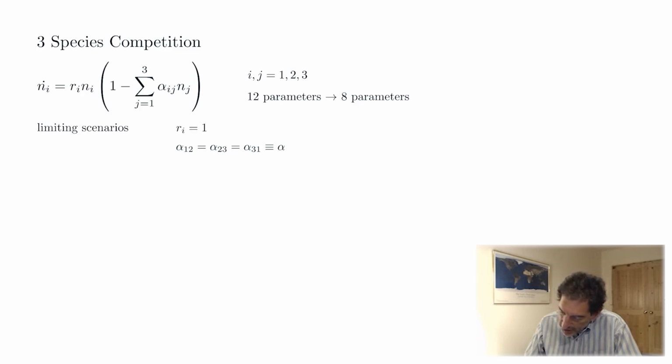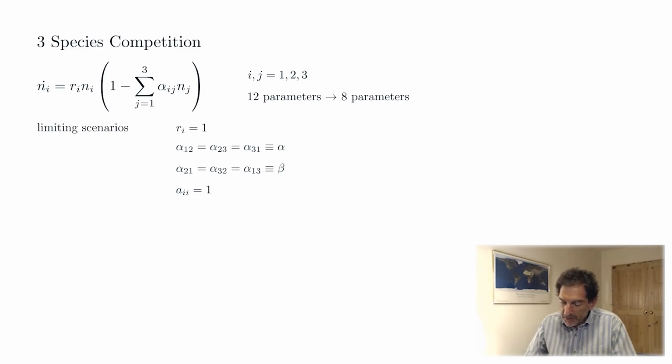And let's choose alpha_21 equals alpha_32 equals alpha_13, and define these parameters as equal to beta. And furthermore, let me define that alpha_ii for i equals 1, 2, or 3 are equal to 1. So self-competition is one value. Competition between different species is given by either alpha or beta.